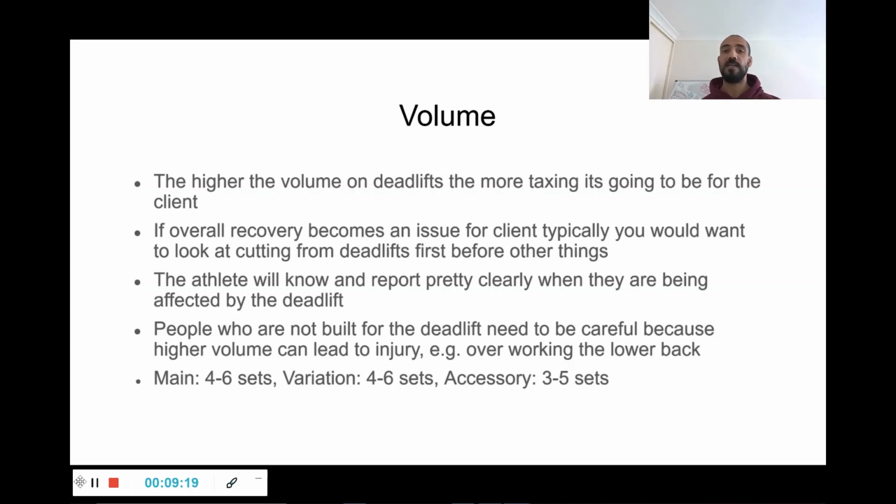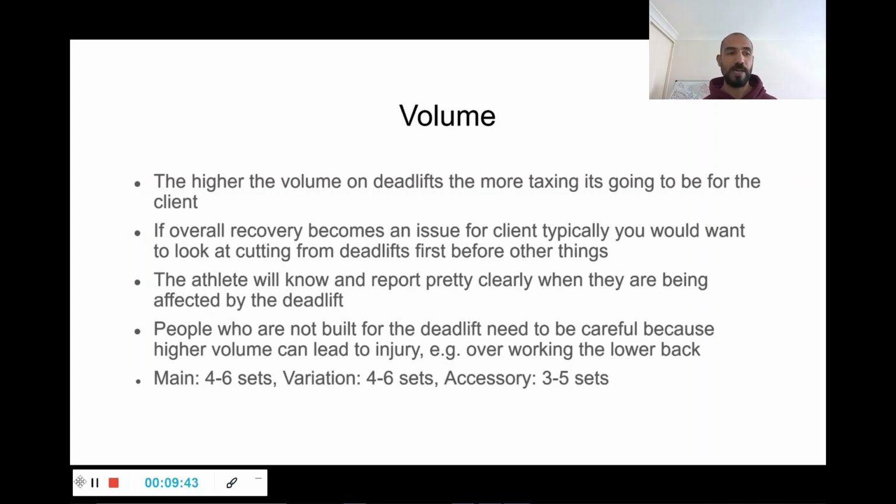But if you find that they are not recovering so well, then you need to start to cut out from some of those numbers. And then it comes down to the art part of coaching as to where you need to actually cut out. Do they need to cut down from the main stuff, from the variation stuff, from the accessory stuff, a little bit of all of them maybe, and then be able to get the recovery back on track and get at it again.